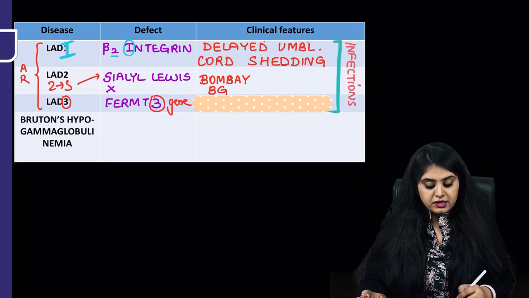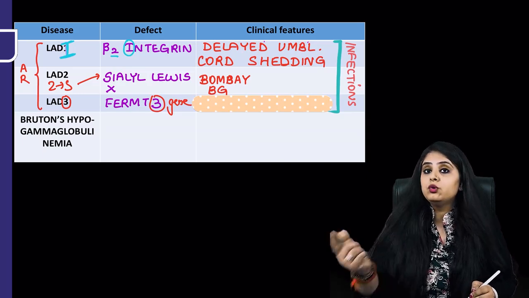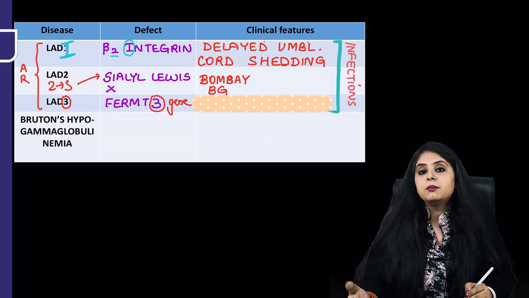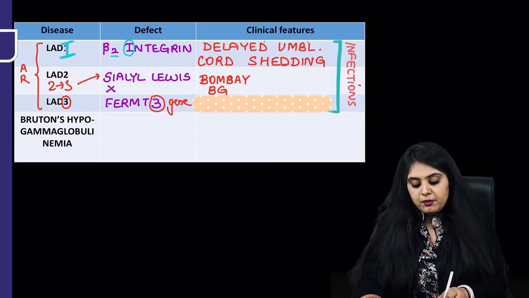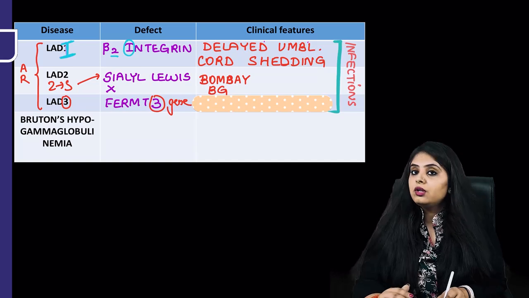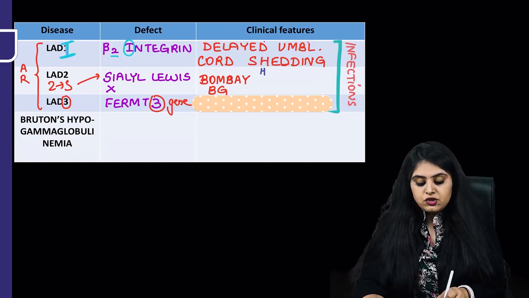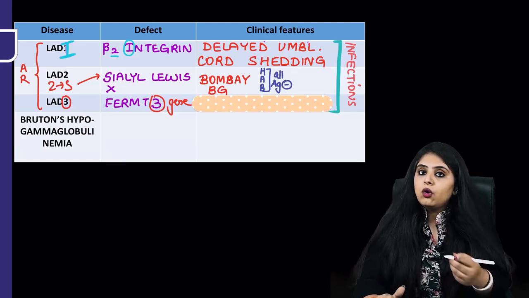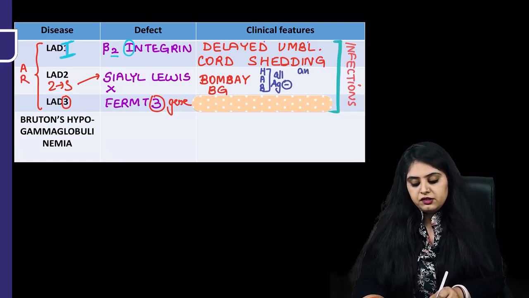If the mother gets you a report saying that, oh, my child has Bombay blood group, that is LAD2. You will study more about Bombay blood group as you go to your blood banking chapter. But for the time being, please note, Bombay blood group is the blood group in which all the antigens are absent. H antigen, A antigen, B antigen, all the antigens are going to be absent and all the antibodies are present. This means anti-H antibody, anti-A antibody and anti-B antibody, all the antibodies are going to be present.